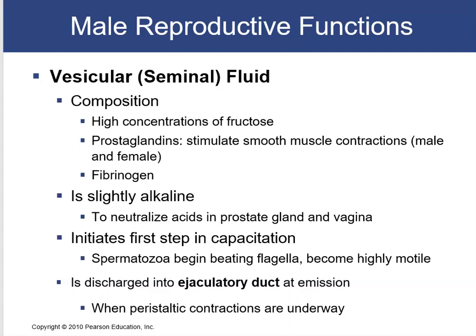Once the sperm are exposed to these fluids, they will begin beating their flagella and will become highly motile. The secretions from the seminal gland will be discharged into the ejaculatory duct at the time of emission, and this would be when peristaltic contractions are underway.